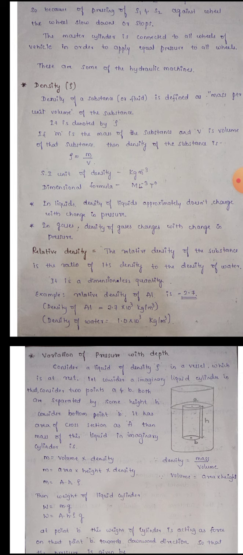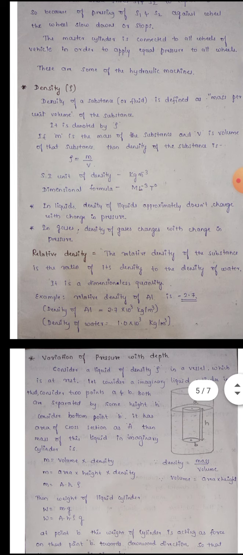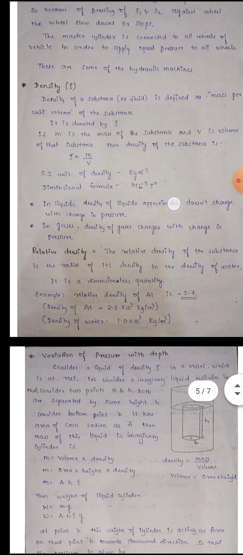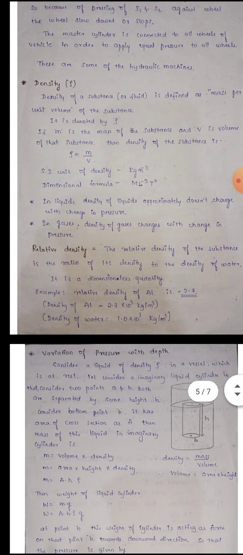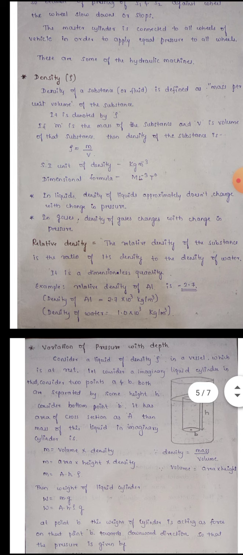And fluids means the combination of liquids and gases; liquids and gases are both known as fluids. In the case of liquids, the density approximately does not change with the change in pressure, because we know that liquids are incompressible.